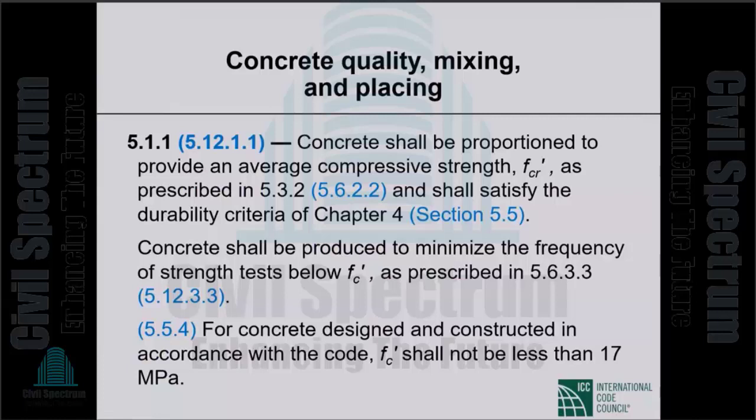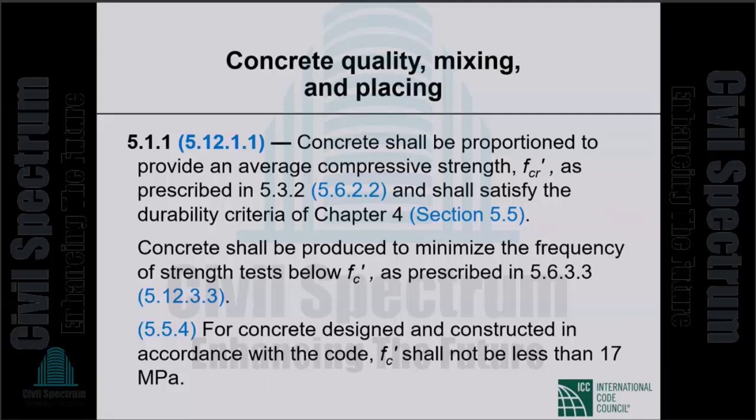And that would be f'cr, R for required. Concrete shall be produced to minimize the frequency of strength tests below f'c. f'c is the specified value. So you will set a target value for proportioning that is higher, f'cr.